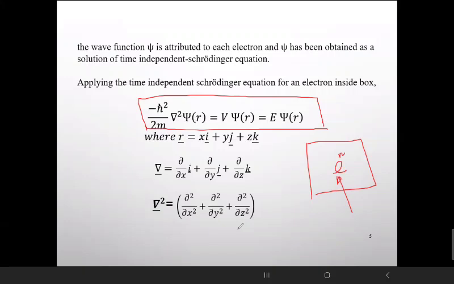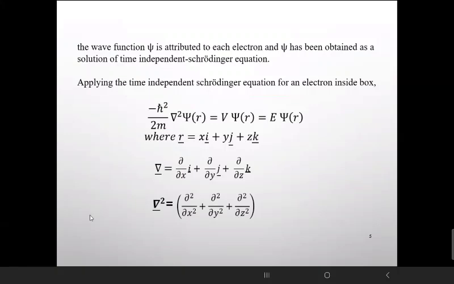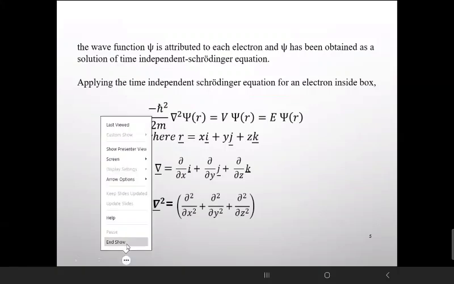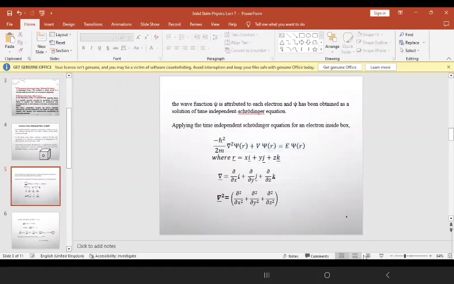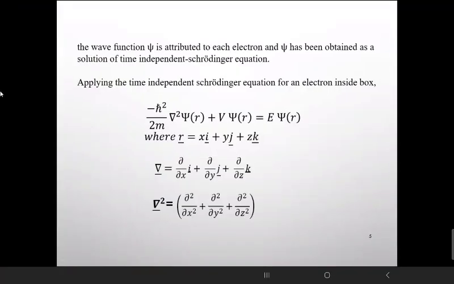That's why we use the three-dimensional Schrodinger equation: minus H cross squared over 2m del squared psi of r, plus V psi of r, equal to E psi of r.